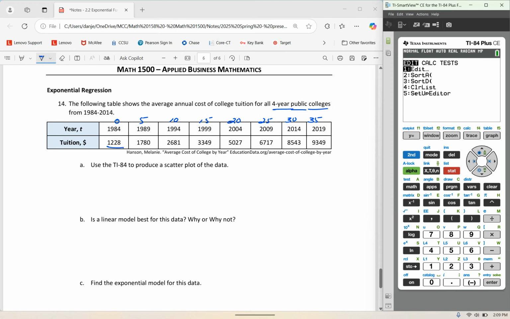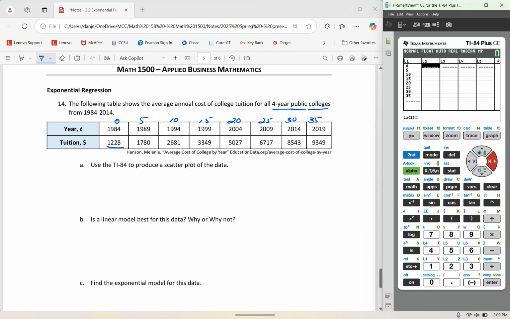So just like we've done regressions before, stat edit, I'm going to put my X values in L1: 0, 5, 10, 15, 20, 25, 30, and 35.